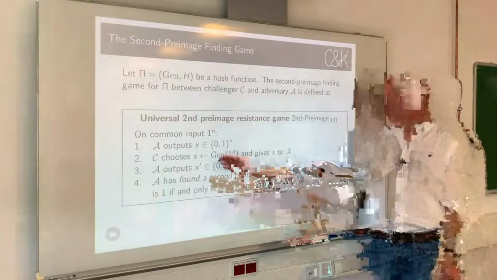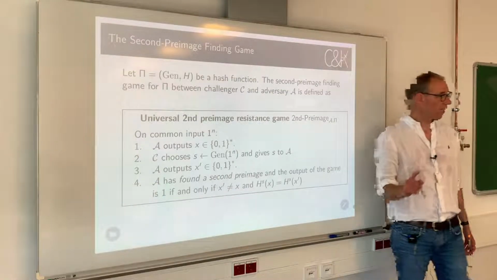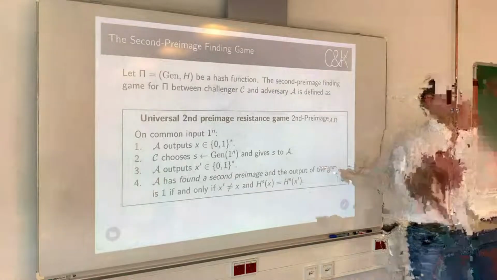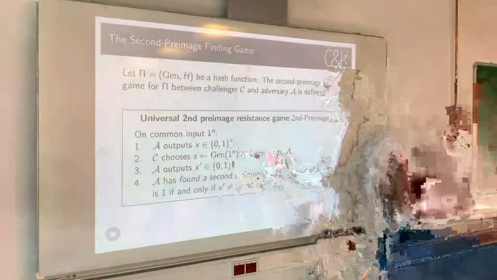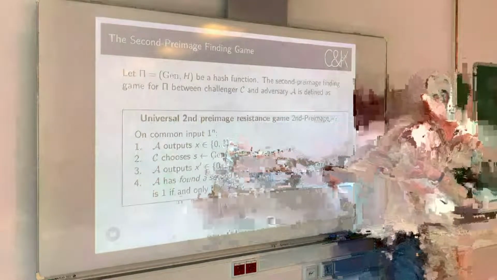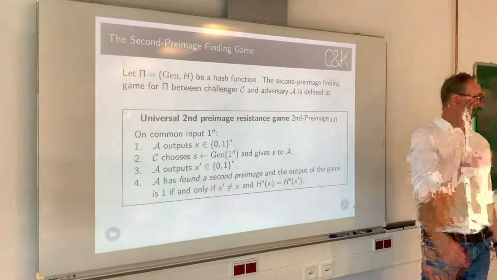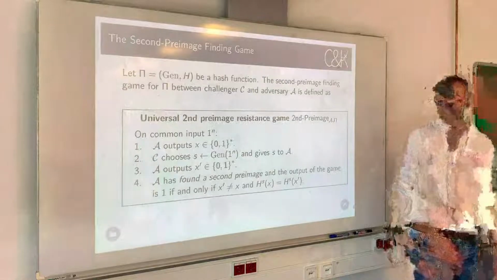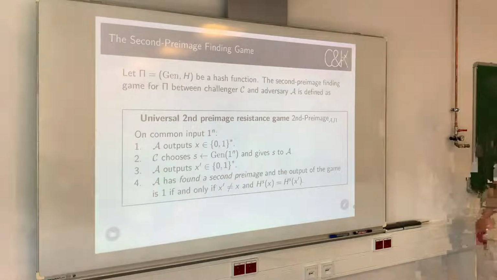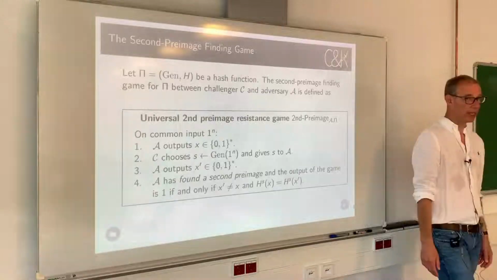Then C chooses the key s using the key generation algorithm and gives s to A. Okay? And then in this third step, given s, given this x, and remembering all kinds of information that he has used here, A outputs an x' also from {0,1}*. And we say that A has found the second pre-image, and the output of the game is 1, if and only if x' is not equal to x, but the hash values are the same. Okay?